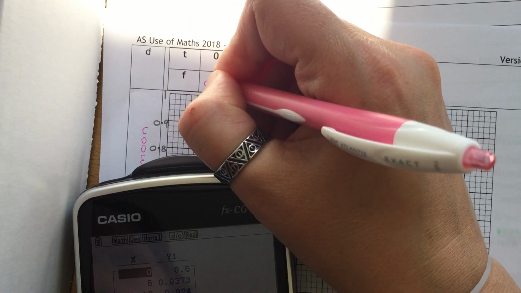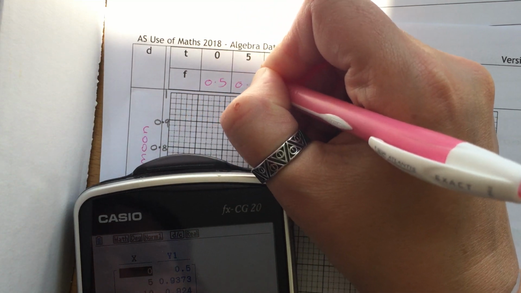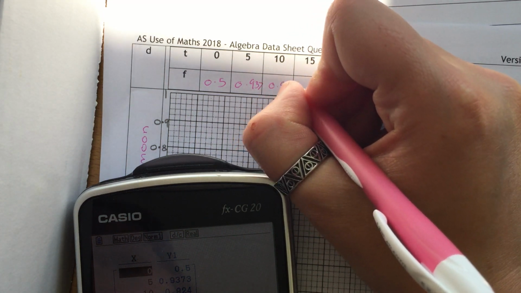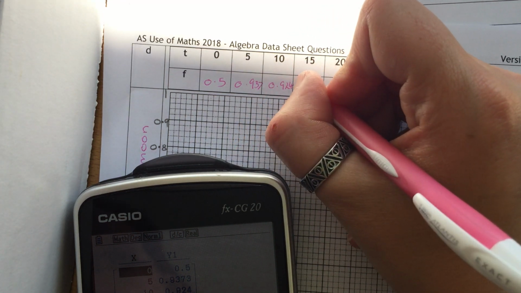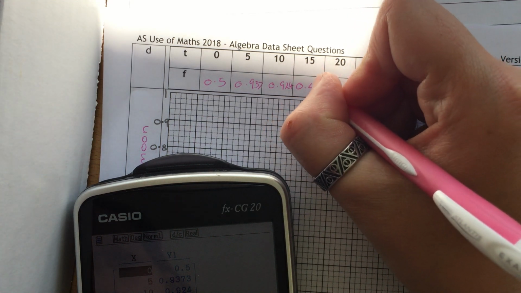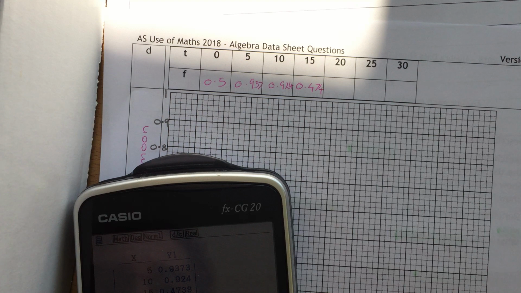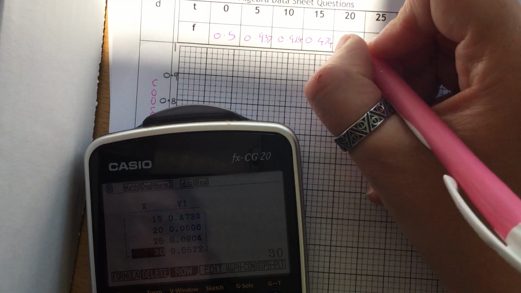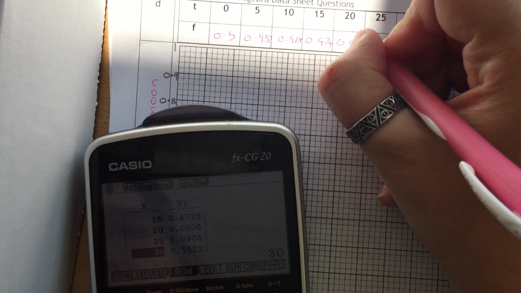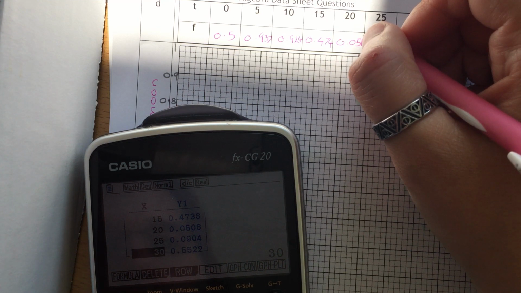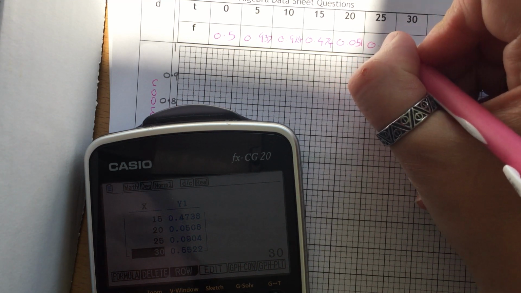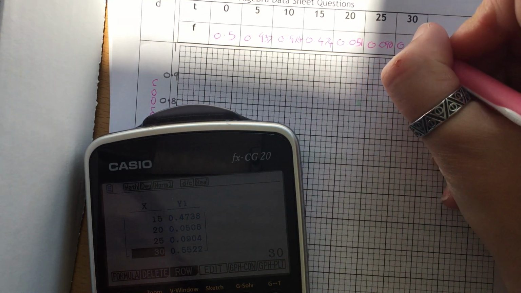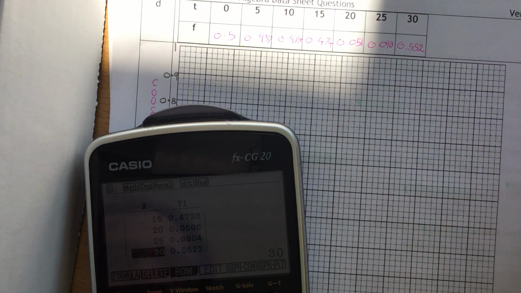So we're starting at 0.5, 0.937, 0.924, 0.474, 0.051, 0.090, and 0.552.